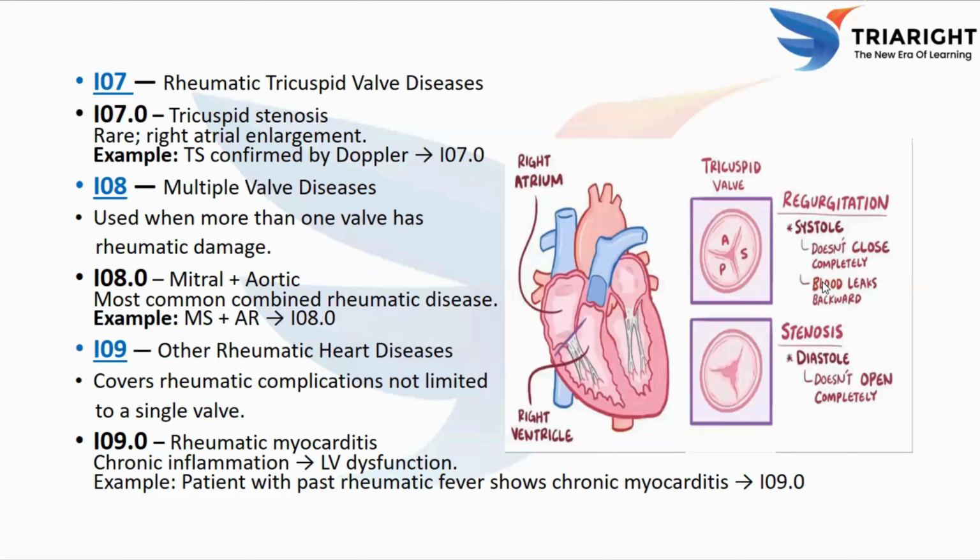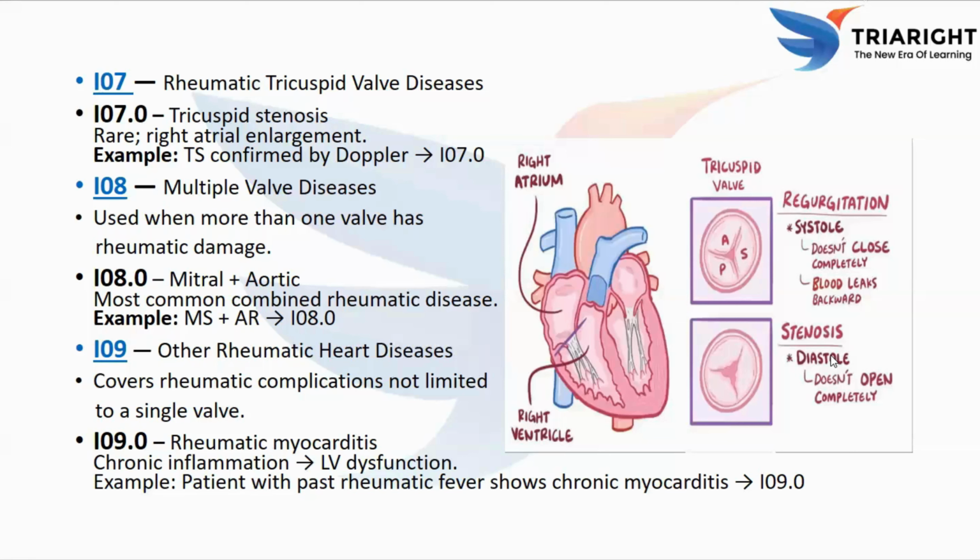So when the valve doesn't close properly or completely during the systole, what happens? The blood leaks backward from the right ventricle to the right atrium, instead of moving only towards the lungs. So this causes the right atrial enlargement and can lead to the congestion in the body. So when it doesn't close completely, blood leaks backward. This is called tricuspid regurgitation.